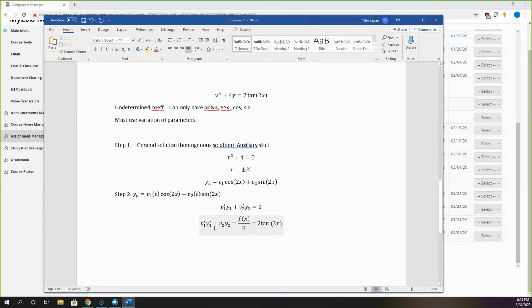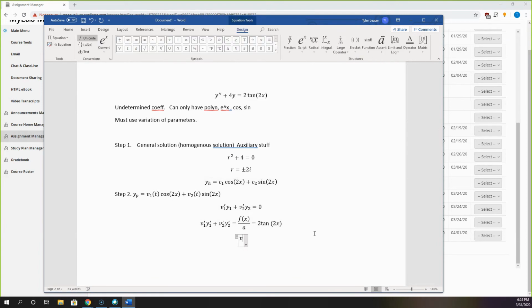And now you want to solve this system. Plug in the y1 and the y2. y1 for us is cosine 2x. y2 is the sine 2x. So we still have the v1 prime, but now y1 cosine 2x plus v2 prime, where y2 is sine 2x. It's still equal to 0.